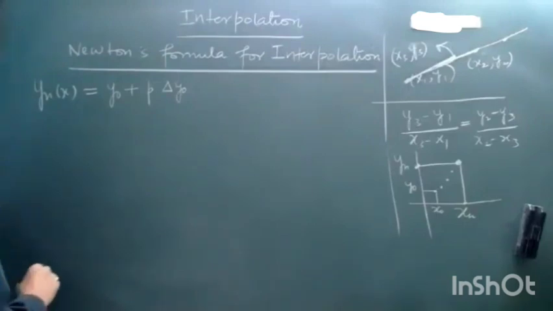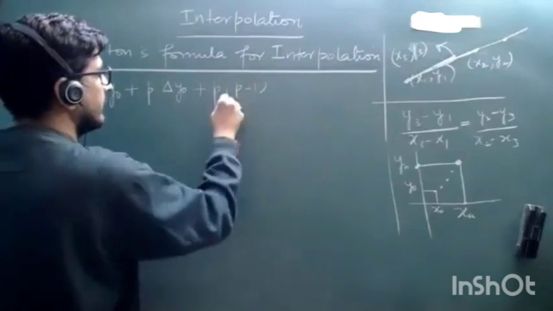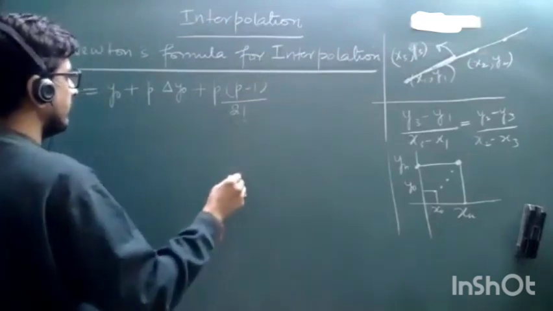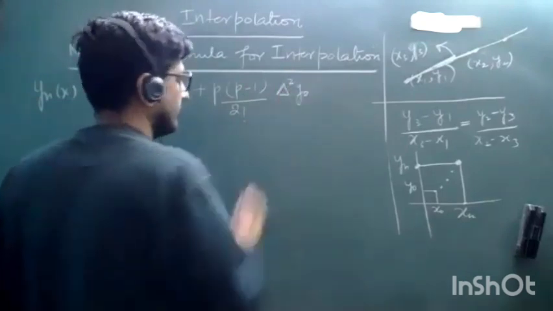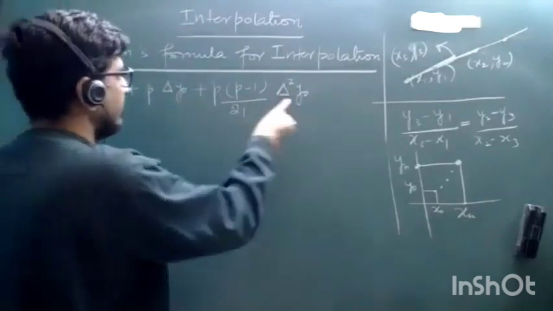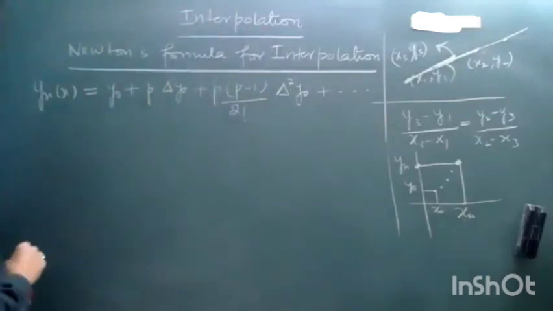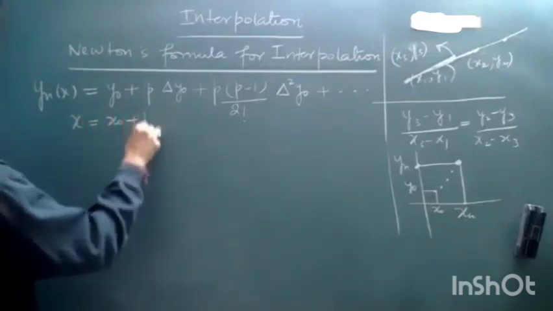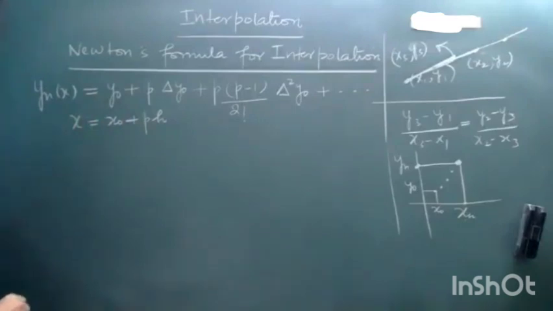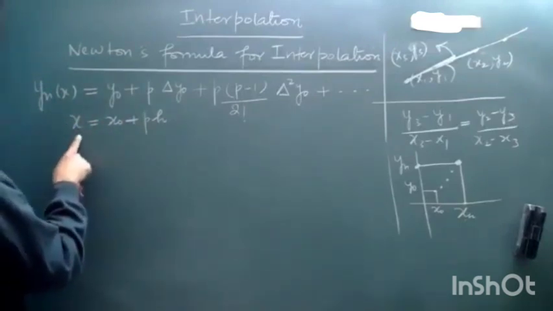I will tell you the meaning of these, plus p minus 1 by 2 factorial times delta square y0. This is just a symbol. I will tell you the meaning of this, plus and so on. Okay. And x is equal to x naught plus ph. This is the value where you want to calculate the value of y.